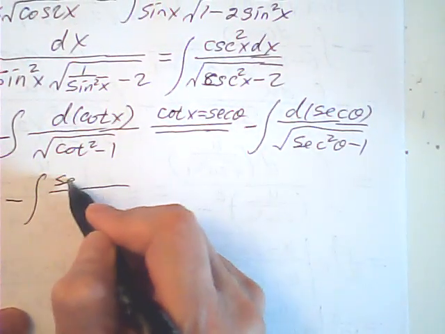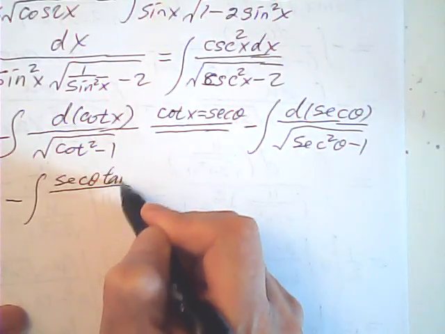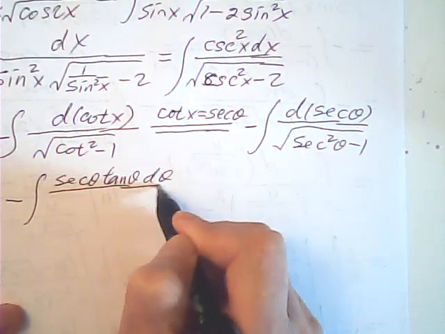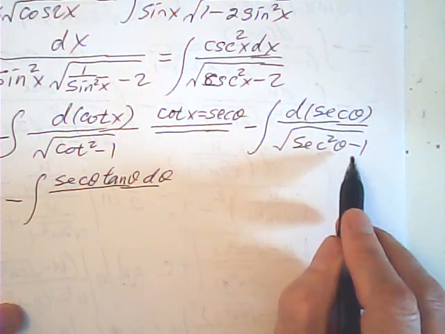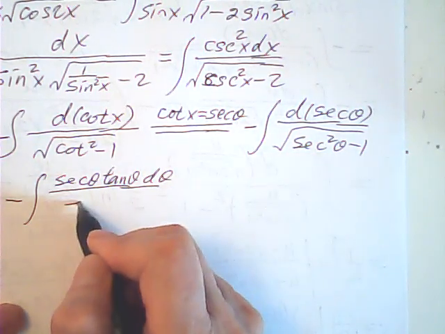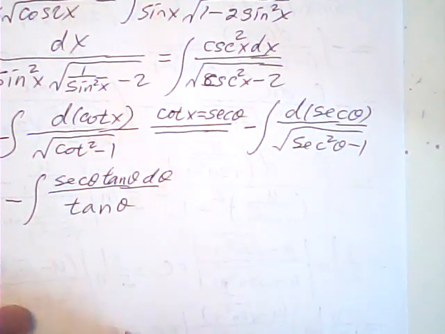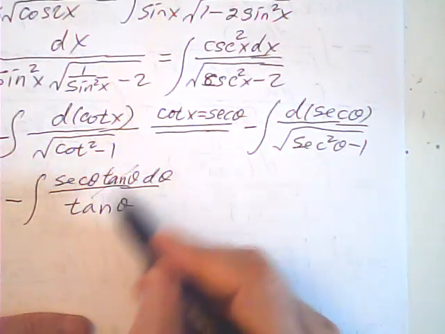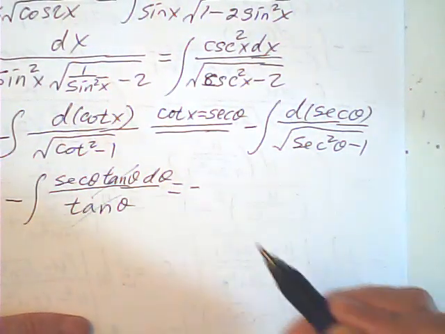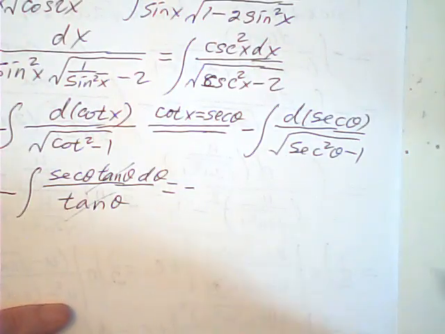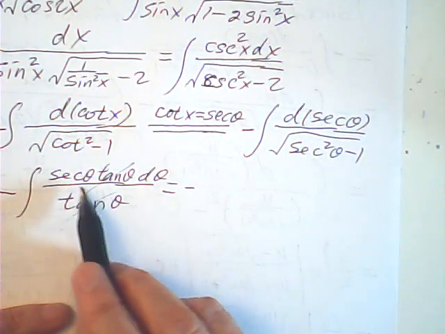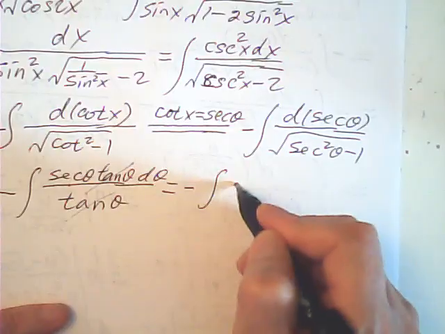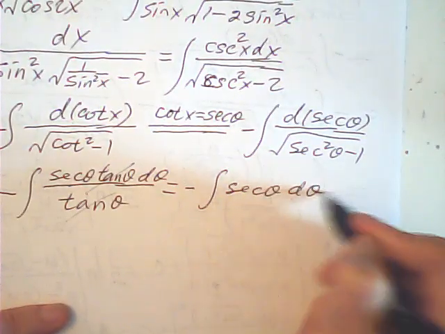This is a secant. Secant square minus 1 is tangent square, right? And this cancels out, equal to negative secant.